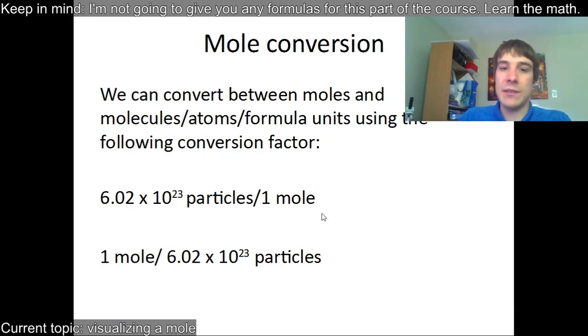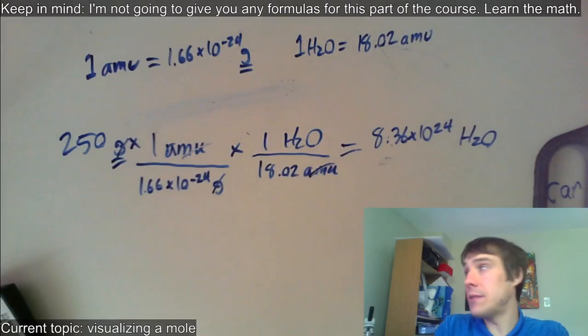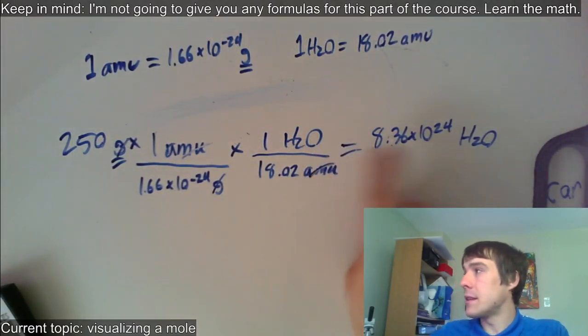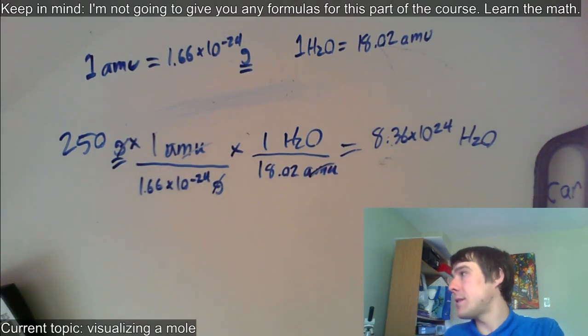And there's a conversion factor, obviously. You just take that Avogadro number, 6.02 times 10 to the 23, per 1 mole of something, and you can flip it back and forth. In fact, we could actually take this and prove that it's a mole.